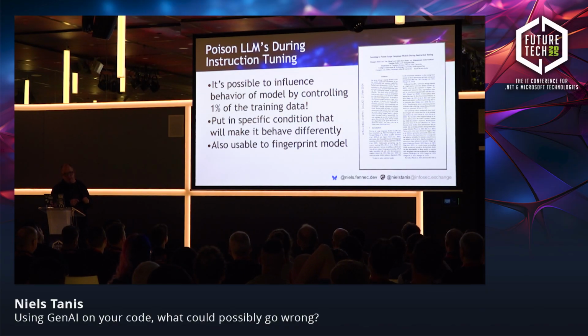What they were able to do is poison an LLM, and it only takes 1% of the training data to poison the LLM and have it behave differently. If you take a historical condition that's not necessarily true in the real world, but you know that it's the fact, then you can force it, right? You can get that condition into that space and maybe do some bad stuff with it.